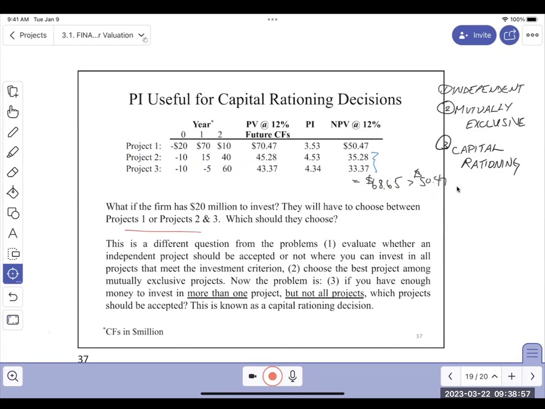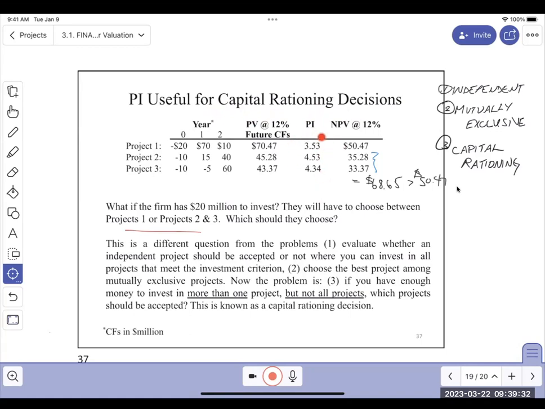Another neat thing to see now is the advantage. I introduced the profitability index with no clear advantage to introducing a new technique, but here we do see it. Its popularity depends on people knowing this: if you have to conduct capital rationing, you ration, you don't have enough, right? When you ration water, it's the same. You don't have enough and you have to spread it out, and you may go without. In this case, you won't be able to afford project 1.